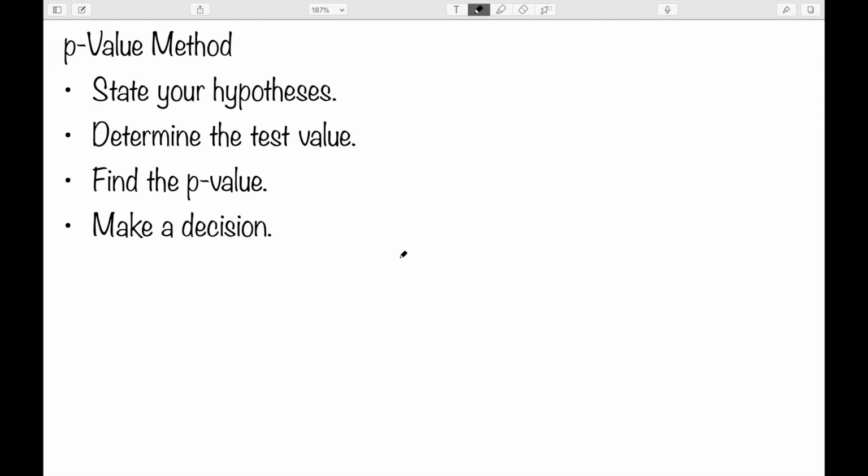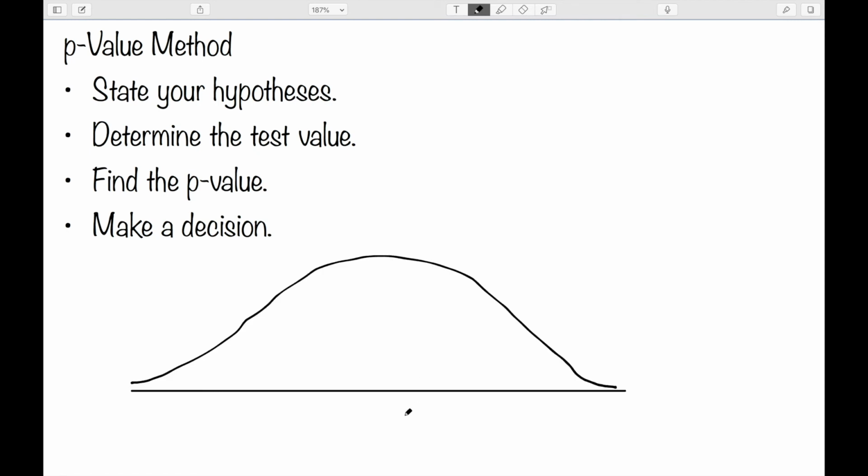So let's look at what exactly it is that we're doing in this method. Once again, I'm going to use my normal distribution and t-distribution. I'm going to put my hypothesized mean in the center. I'm going to determine my test value just like before. I'll mark this as t. This comes from my sample.